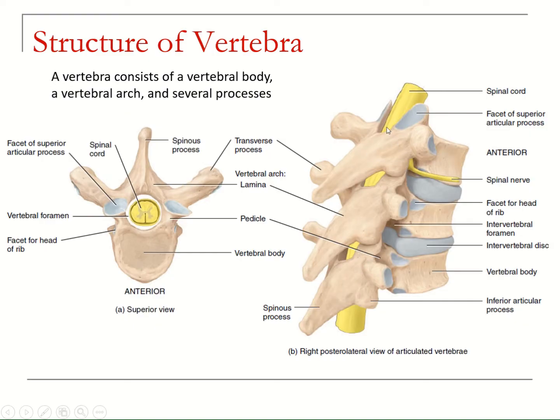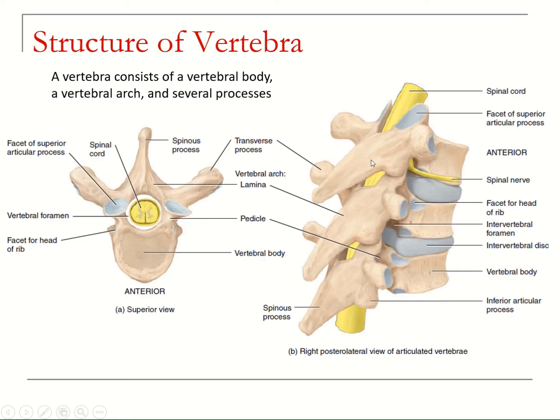So we call this your vertebral canal here, where your spinal cord is found. Now, when the vertebral foramen from each vertebra connect, they form your vertebral canal, where your spinal cord is located.